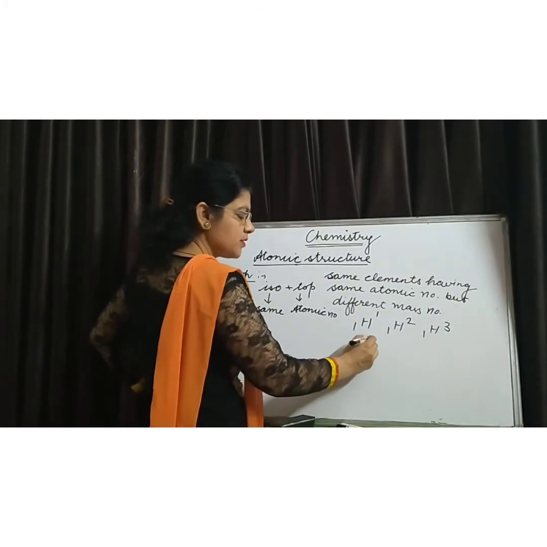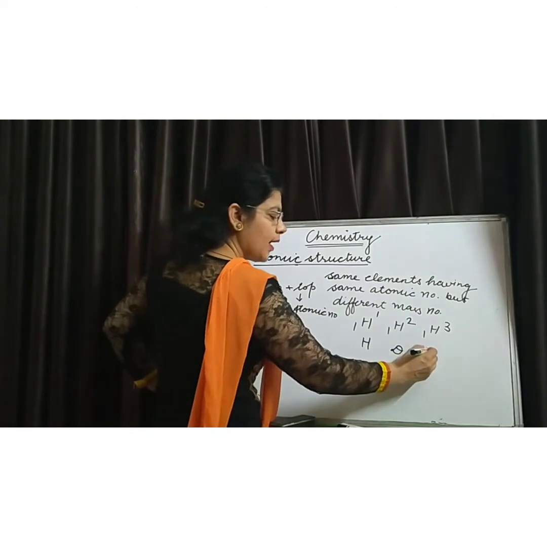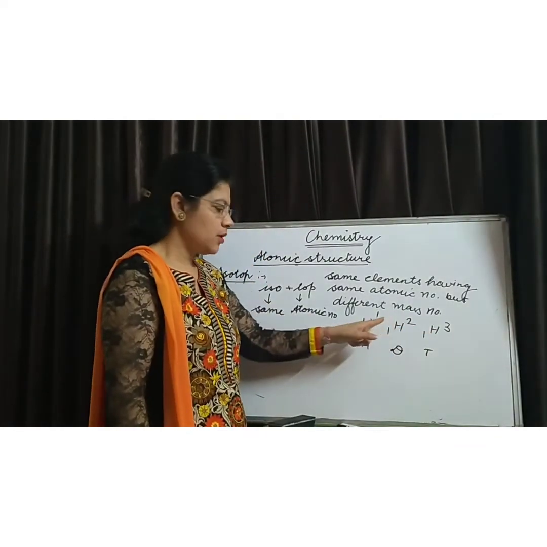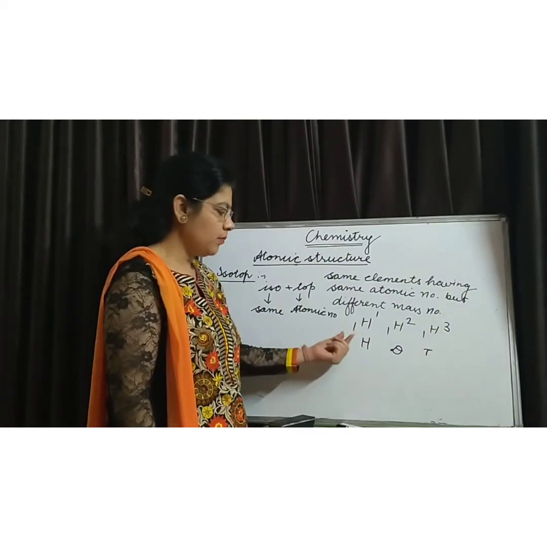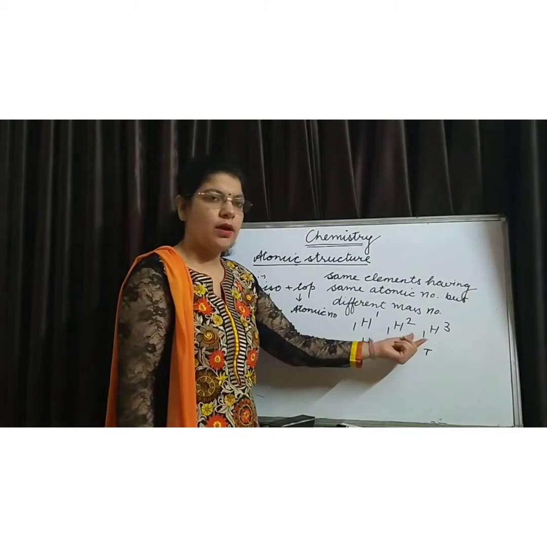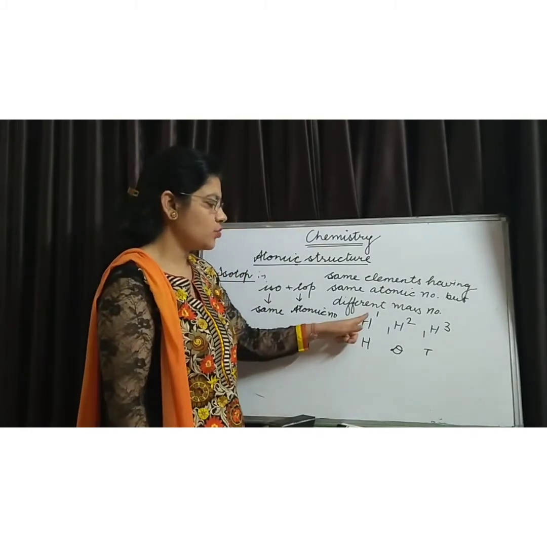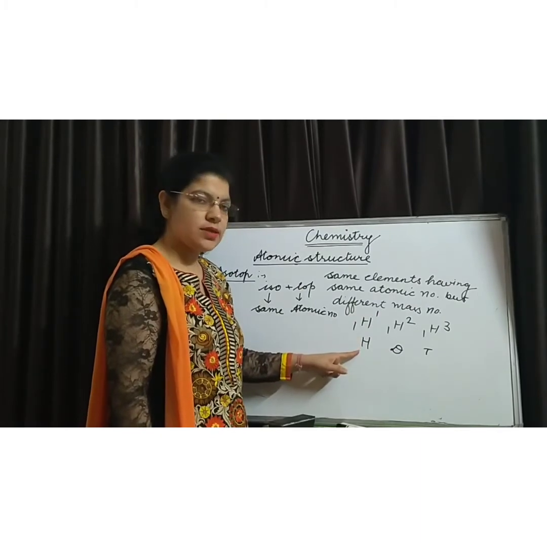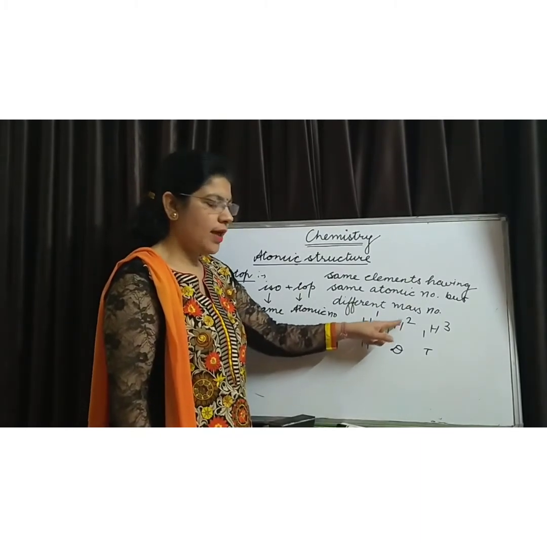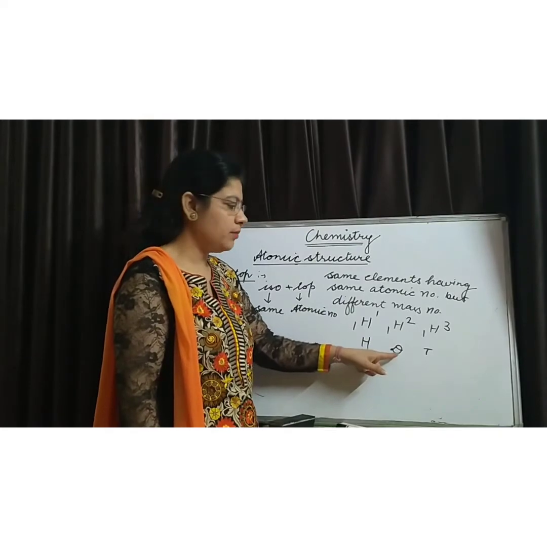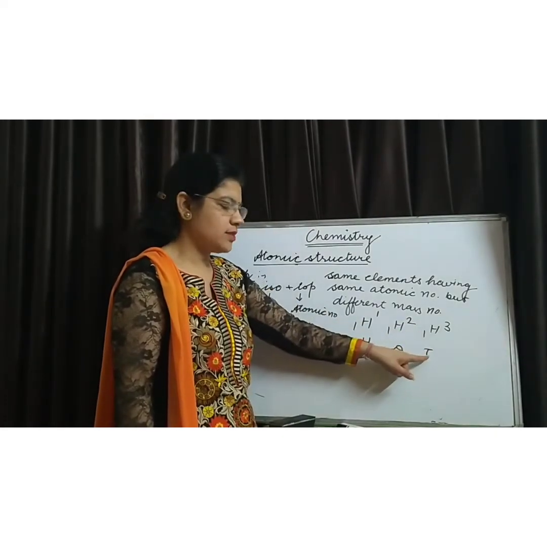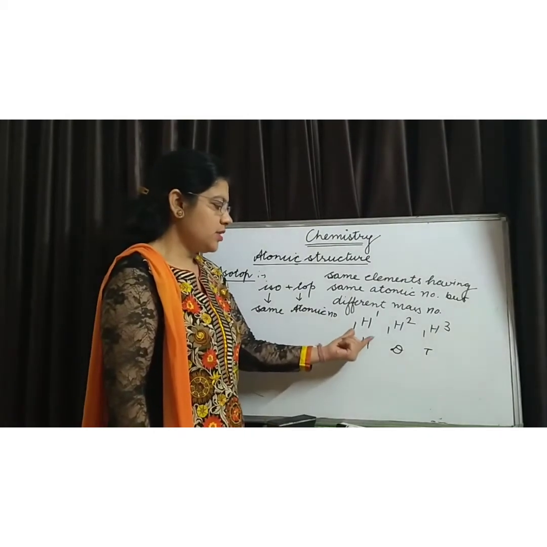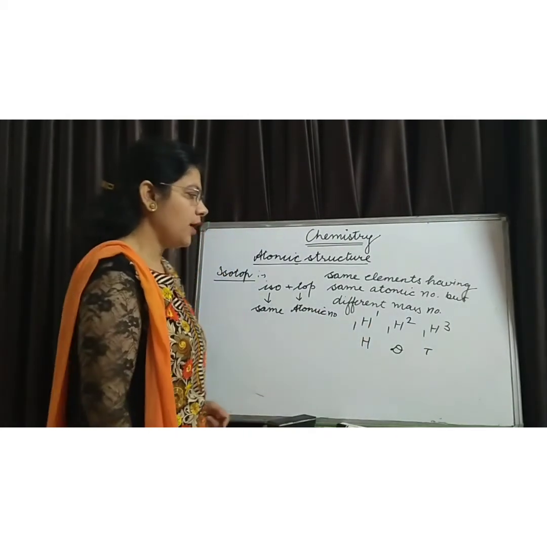They can also be represented as H, D and T. In all these three isotopes, the atomic number is the same, 1, 1, 1, and the mass number is different, that is 1, 2 and 3. This isotope is known as protium, 1H2 is known as deuterium and 1H3 is known as tritium. These three are the isotopes of hydrogen.